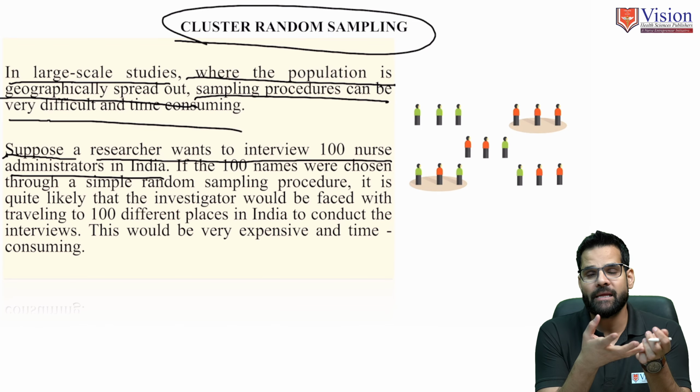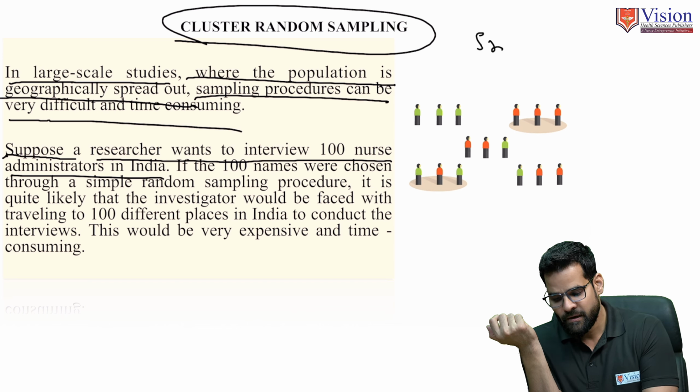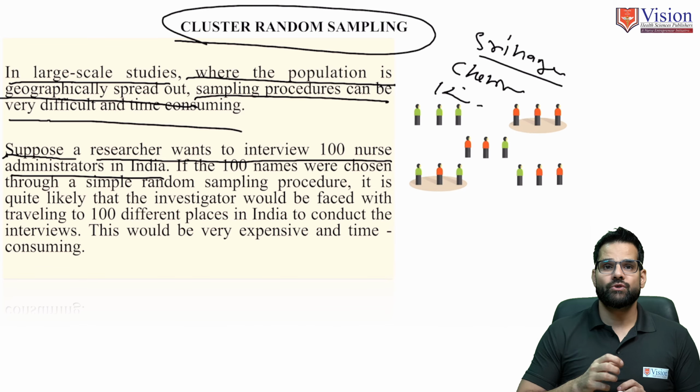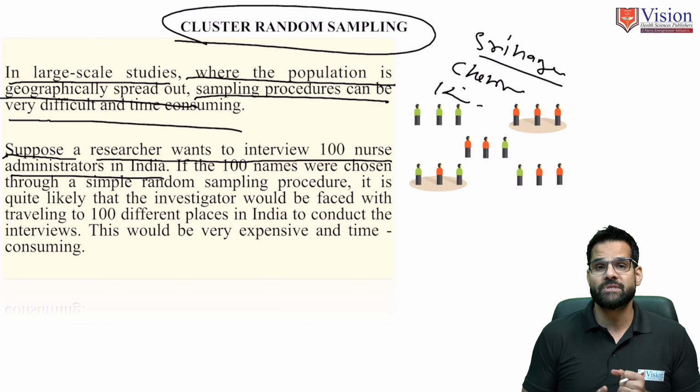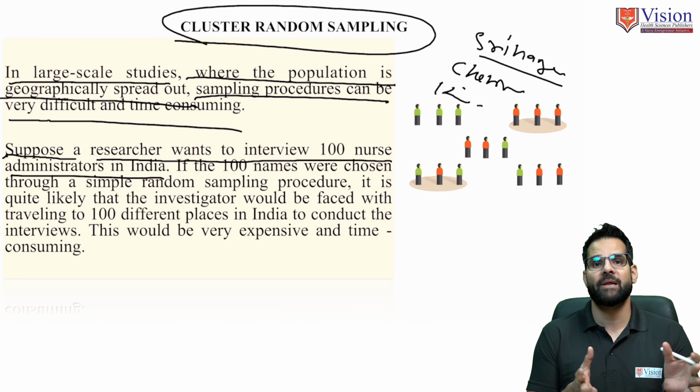Now there is a possibility that one nursing administrator you got from Srinagar, another will come from Chennai, another from Kolkata. So visiting 100 nurse administrators will become practically impossible, meaning you have to go to 100 places.